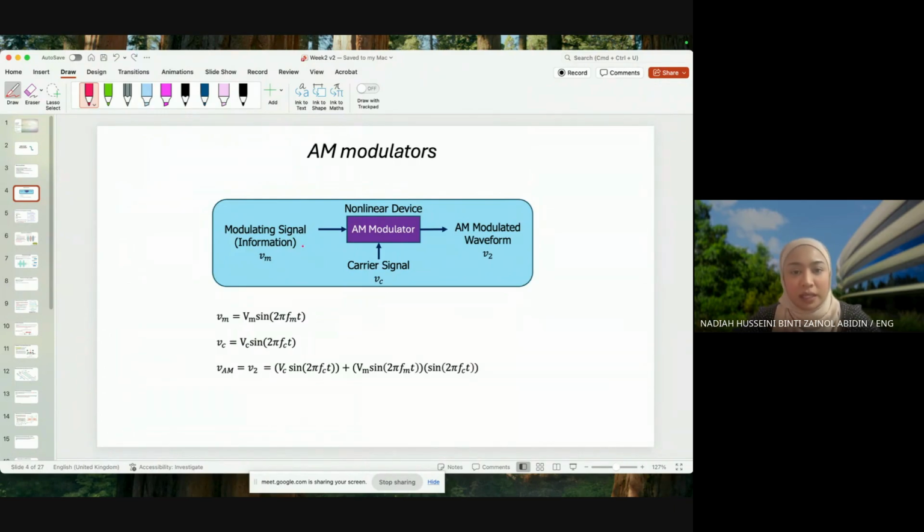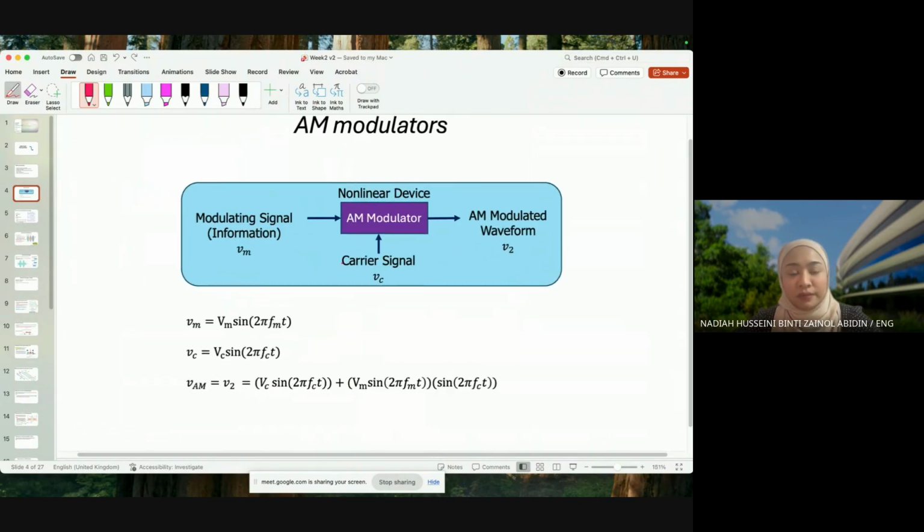We talked about AM modulators last Tuesday, and we know that we need a modulating signal, where small vm means the instantaneous modulating signal. The unit is voltage. Then we also need a carrier signal.